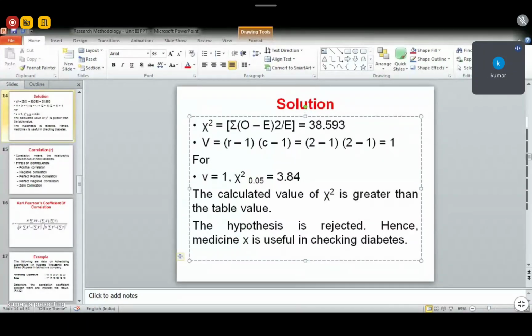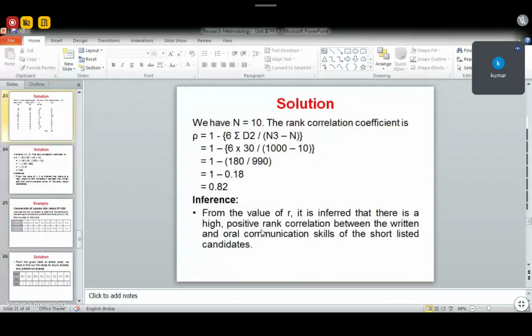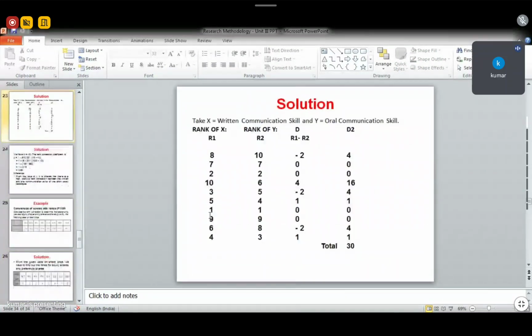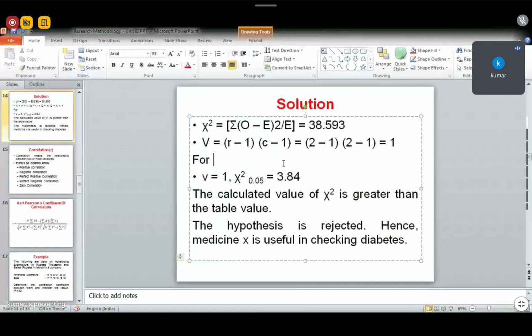When the calculated value is more than the table value, the null hypothesis is rejected.